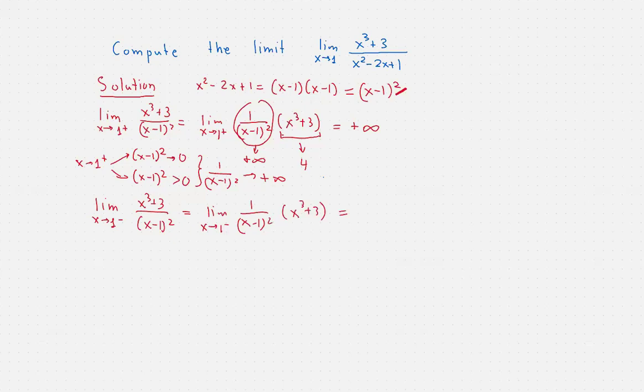So this tends to 4, this tends to positive infinity. Again, why positive infinity? Because as x tends to 1 from the left, x minus 1 squared, because of the square, is tending to 0, but it's also greater than 0. And this means that 1 over x minus 1 squared tends to positive infinity.